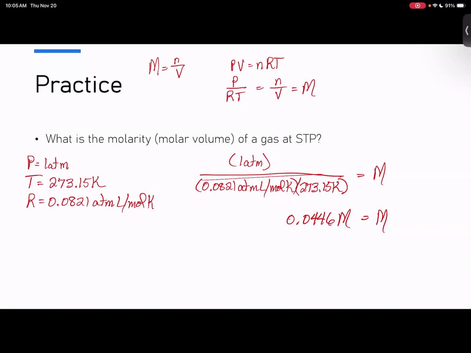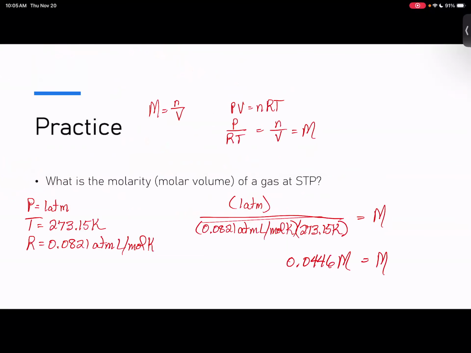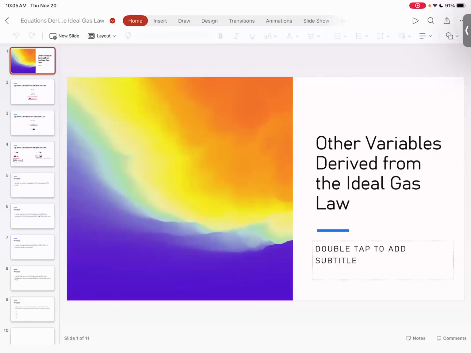Everything boils down to those 3. It is a matter of manipulating those 3 to solve for the desired variable. And that, folks, ends new material.